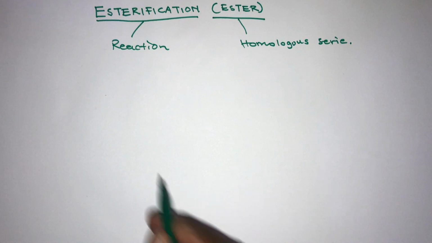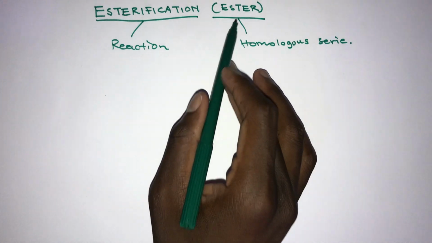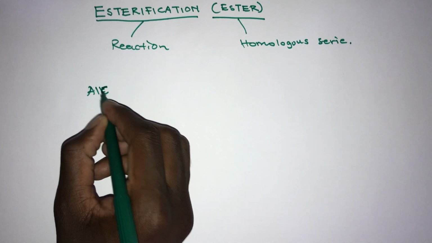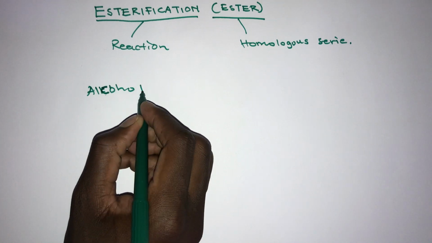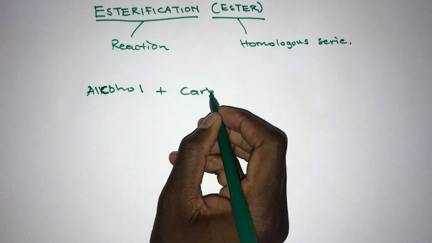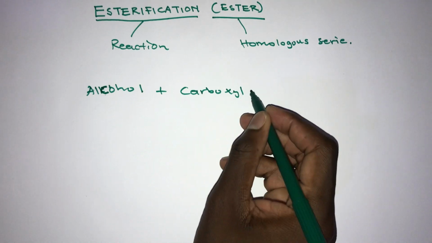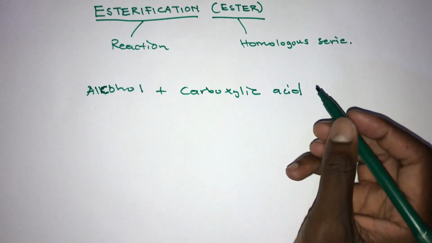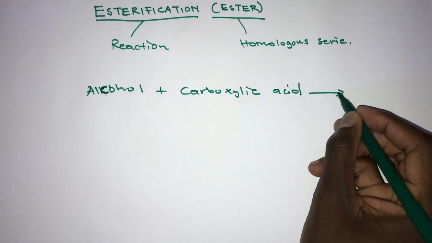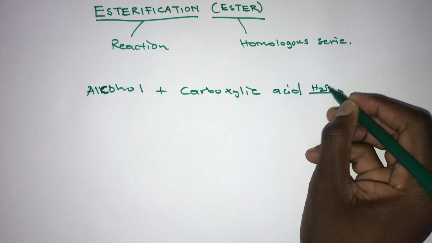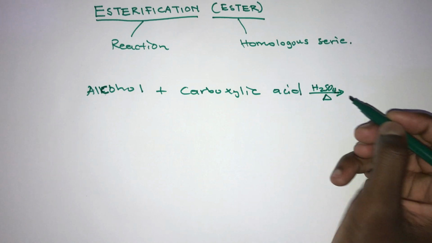So for us to have an ester, that means we must have an alcohol reacting with the carboxylic acid. Here we are going to have the presence of H2SO4, the sulfuric acid, plus heat.